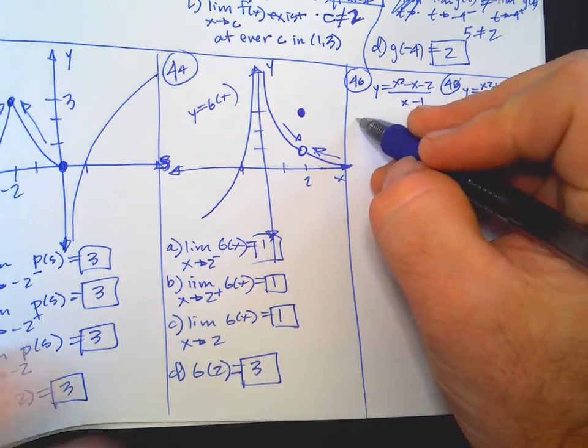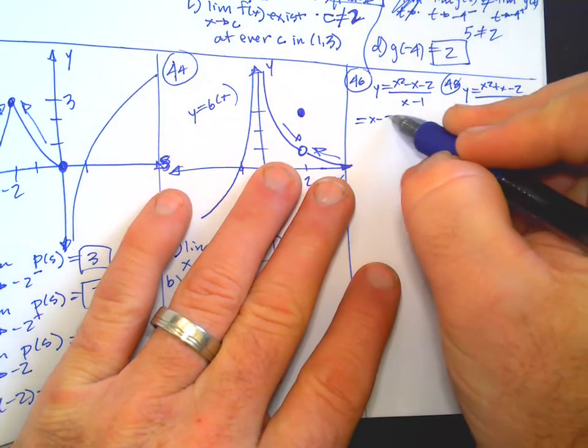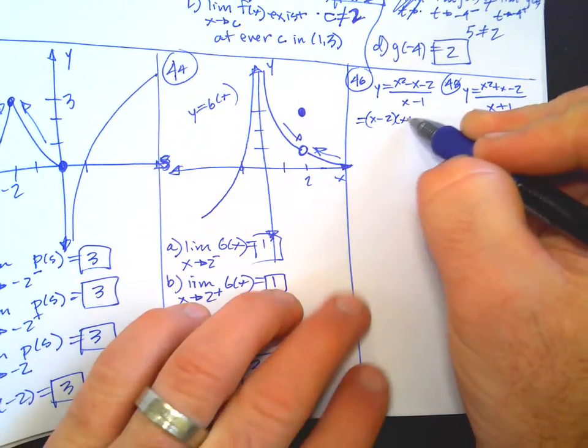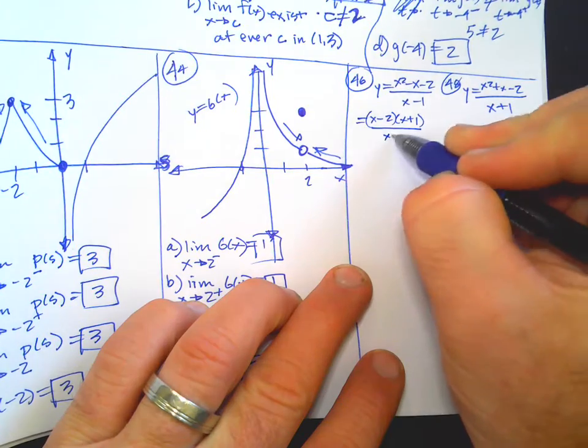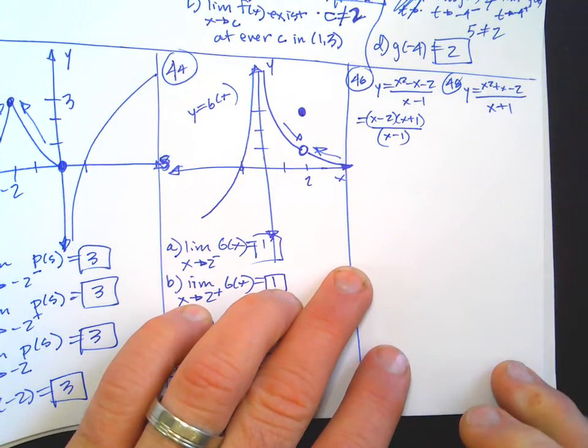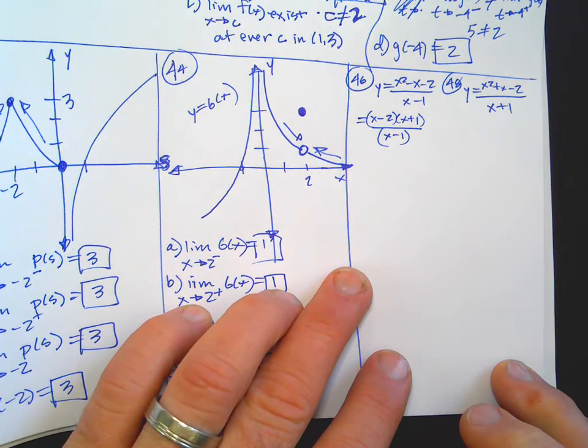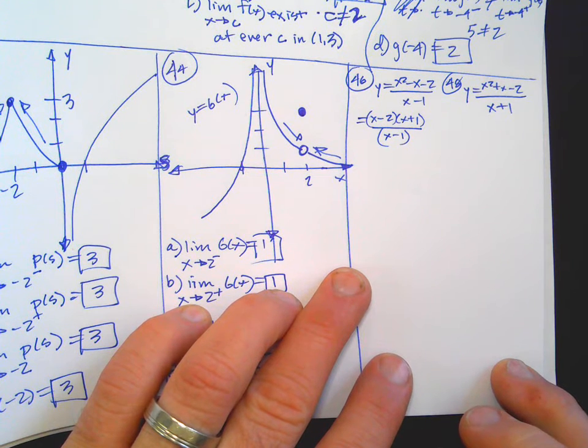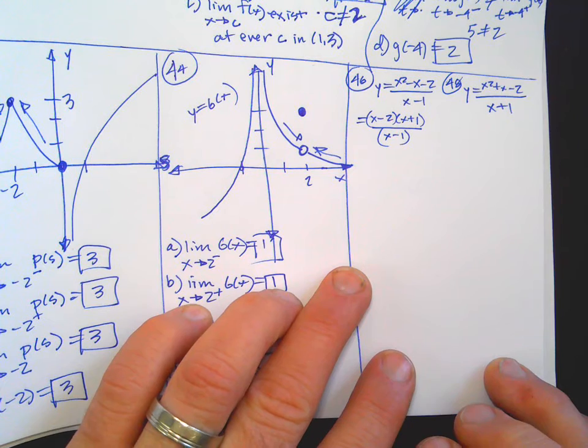So I would try and factor the hole out first, if possible. That one doesn't have a hole. But when you plug in x equals 1, you get division by 0.